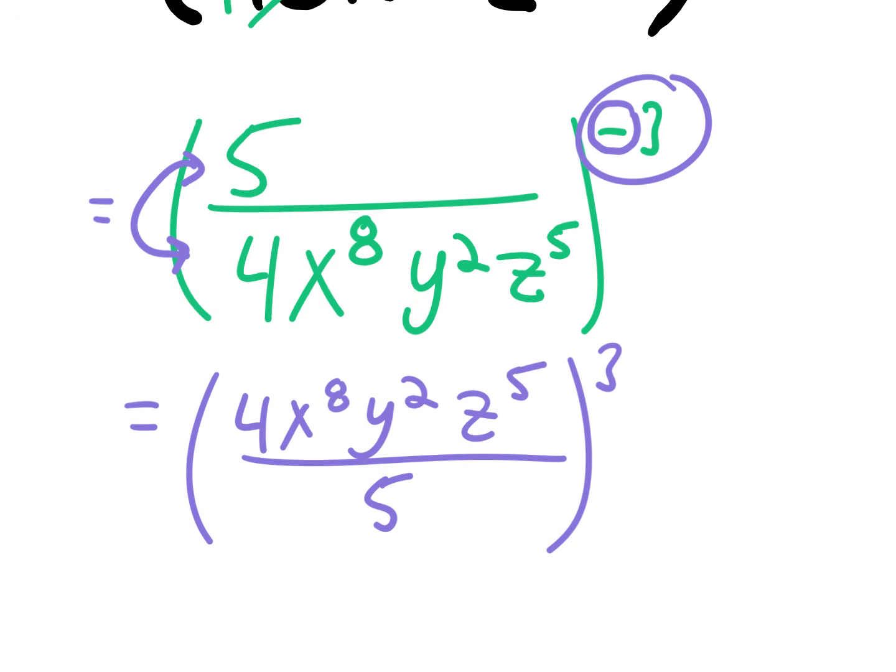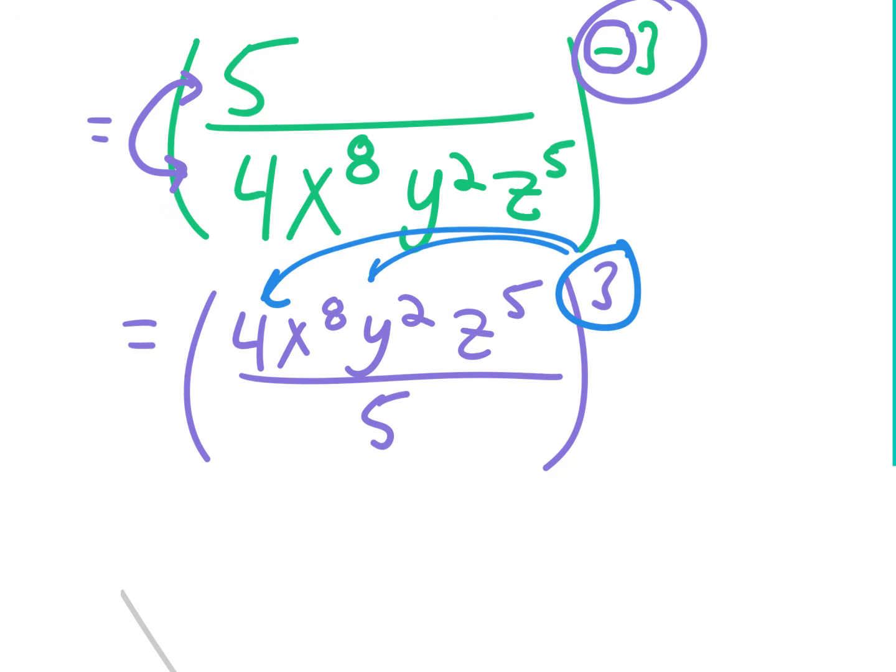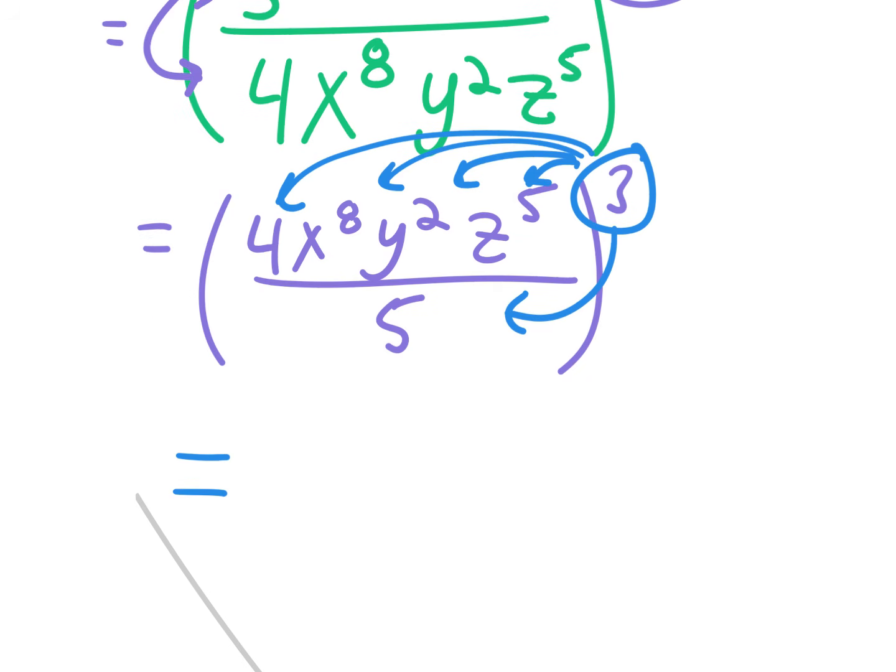All right. If you distributed the exponent of negative 3, you should get the same answer, right? So just watch. Once we do this, we're going to take this 3, distribute it to every single factor on top. There's 4 of them. And then the 5 on the bottom. And then what that's going to give us is 4 to the positive 3. We're going to do power to a power. 8 times 3 is 24. 2 times 3 is 6.